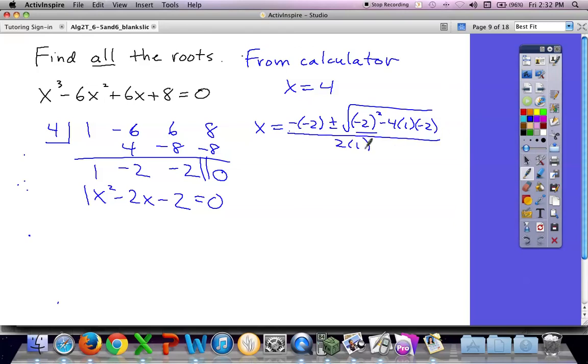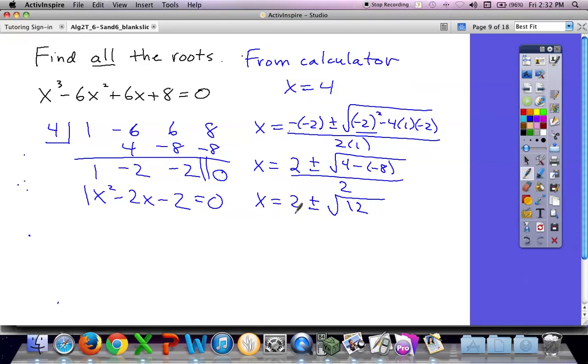That's just plugging into the quadratic formula. Now simplify. x equals 2, since -(-2) is +2. Inside the radical, we've got 4 minus -8, divided by 2.